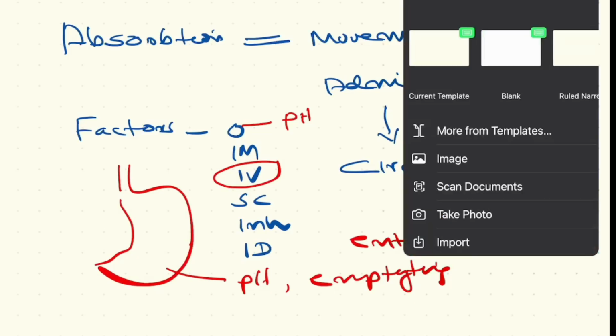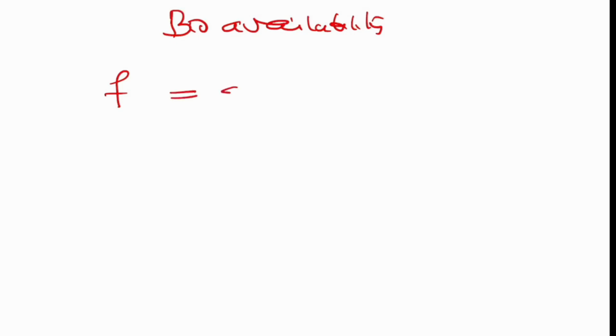Now we think about what is meant by bioavailability. What is bioavailability? It is the fraction of drug that reaches the systemic circulation.